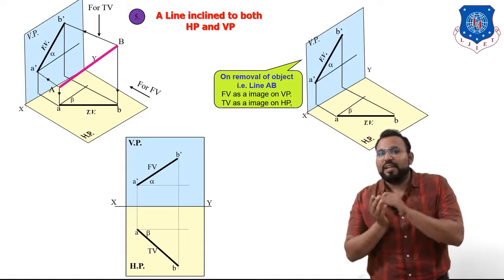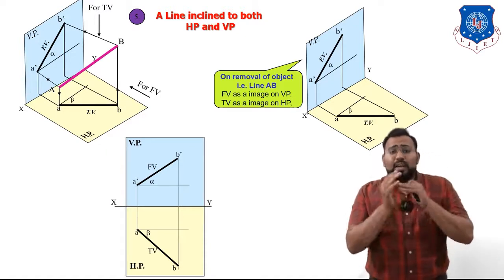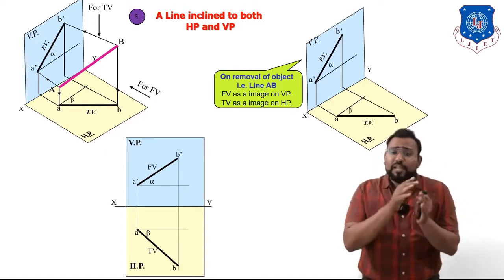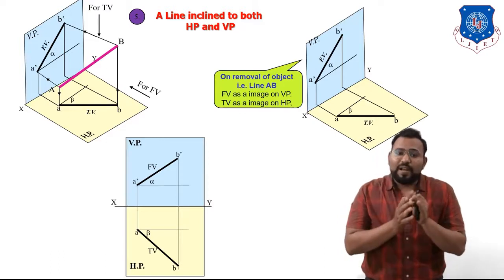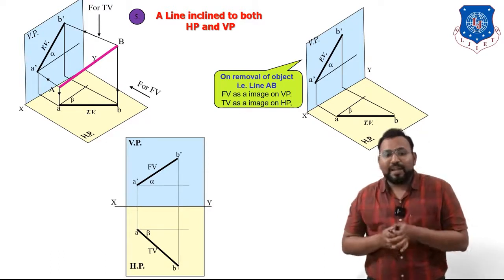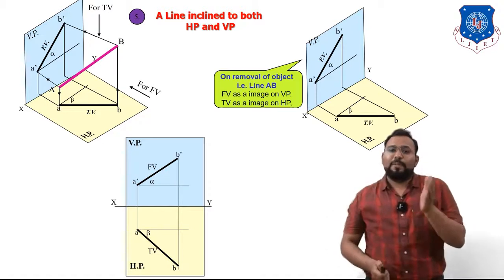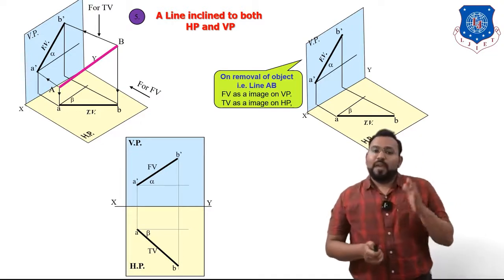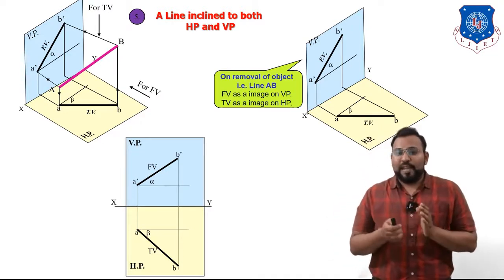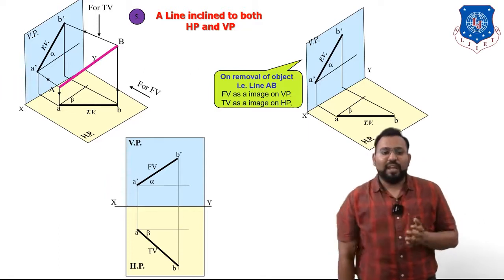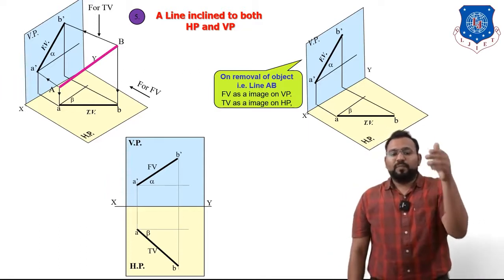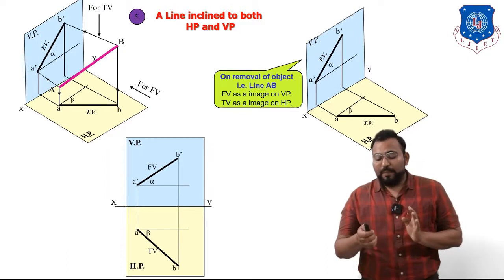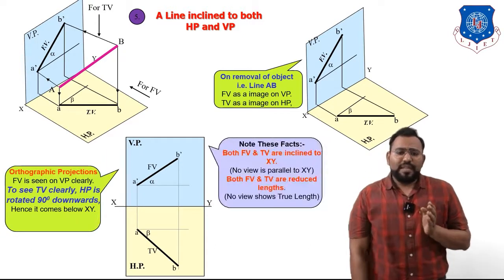Whereas alpha and beta come when your projection is not giving the true length, that means they are apparent lengths. So alpha and beta are apparent angles, and theta and phi are true angles, or you can say true inclination. Okay, so this is the projection of the front view and top view.